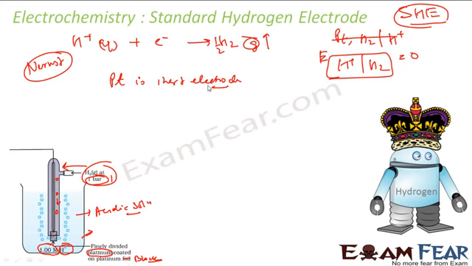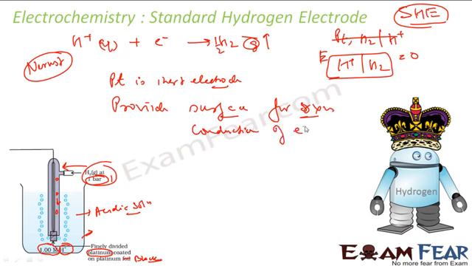Since it is inert, it won't participate in the reaction, but it will provide a surface for oxidation and reduction reactions. It will provide a platform where the reaction can happen.